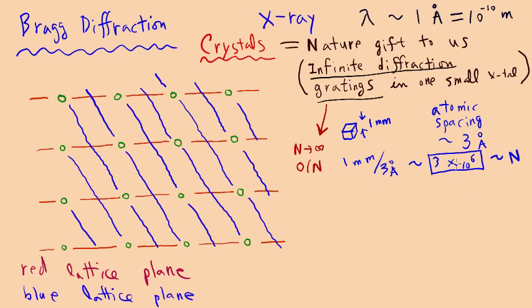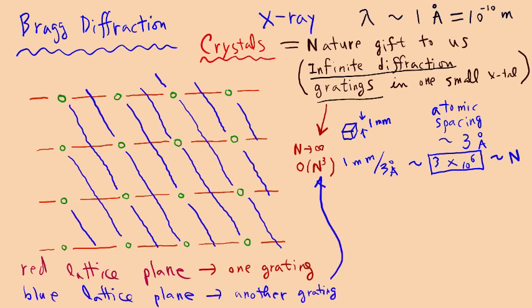The number of atoms is basically n to the third power. So diffraction grating is n cubed, and that's a lot of lattice planes. I hope you got the point. There's one grating here. There's another grating here. And basically you get an infinite number of gratings there.